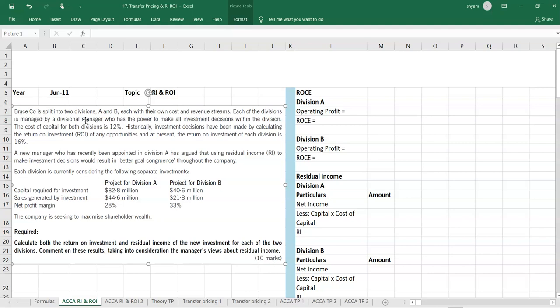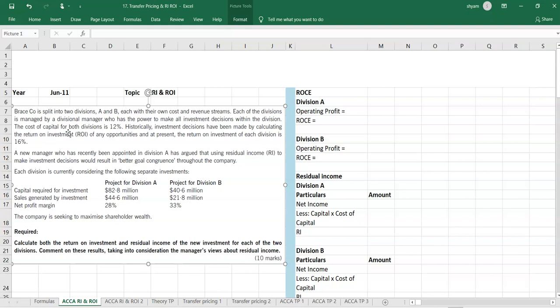Bracco is split into two divisions, A and B, each with their own cost and revenue streams. Each of the divisions is managed by a divisional manager who has the power to make all investment decisions within the division. Only in an investment decision center can we employ the RI and ROI formulas.